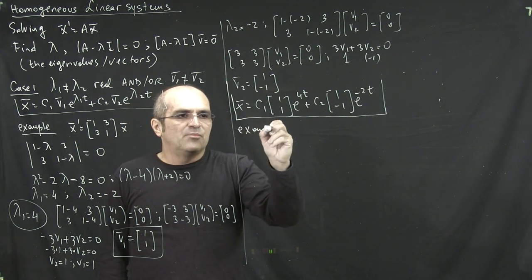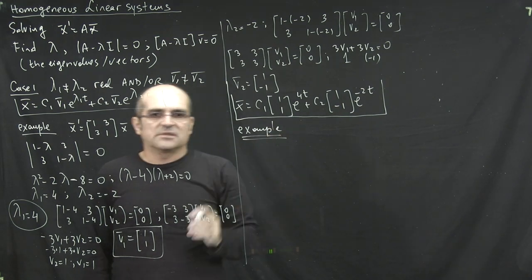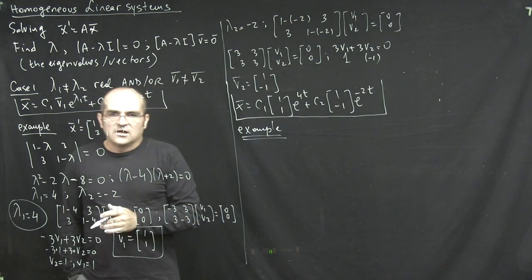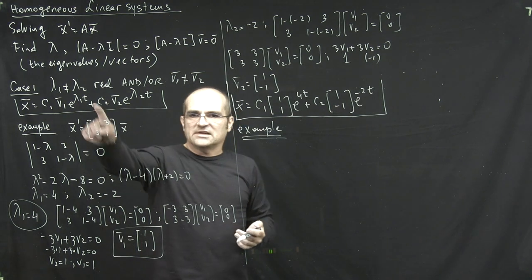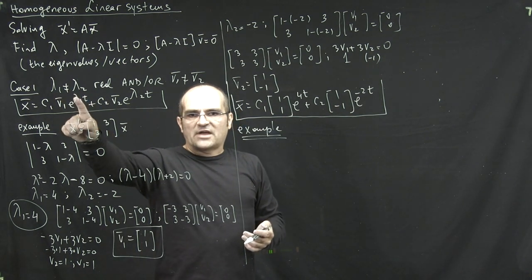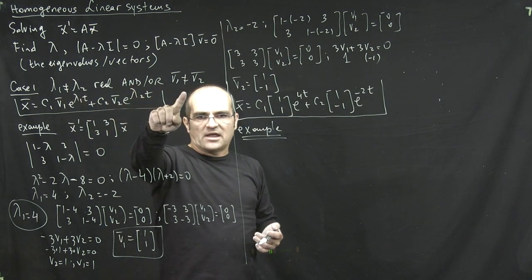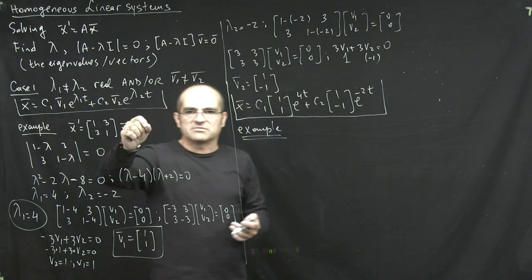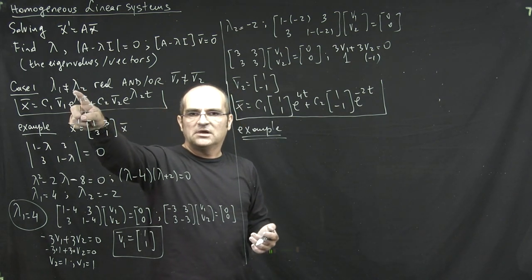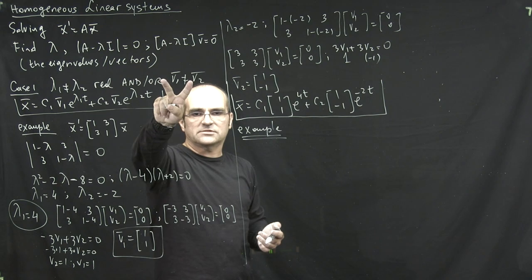It's also important to understand that if it appears in the 2 by 2 case, you don't have a different formula. Notice here it says either different eigenvalues and or different eigenvectors. So it implies that it's possible to have a single eigenvalue but 2 different eigenvectors.